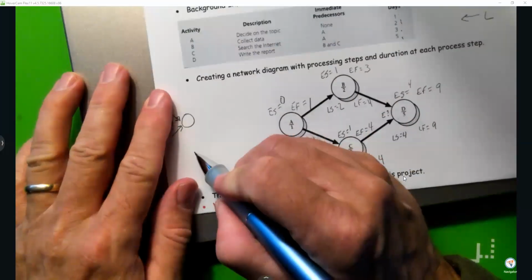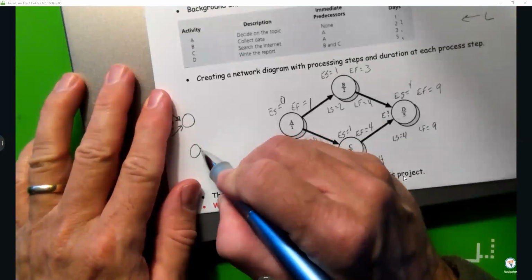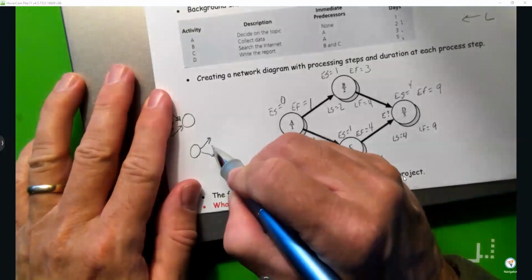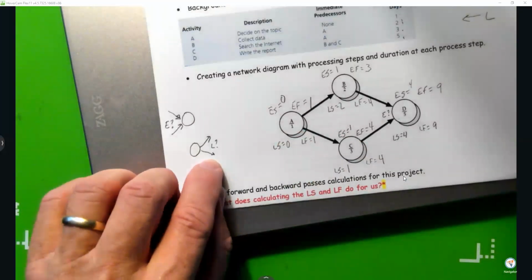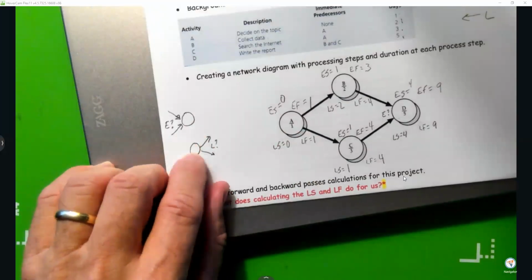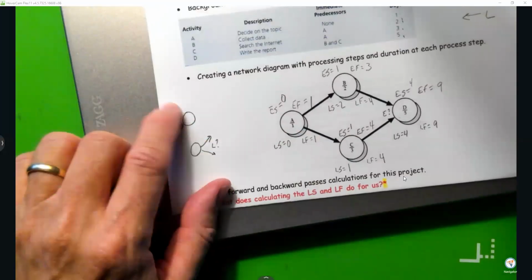In a similar vein, when I have two arrows backing into one node, two arrows backing into it. See, these are two arrows pointing to it.